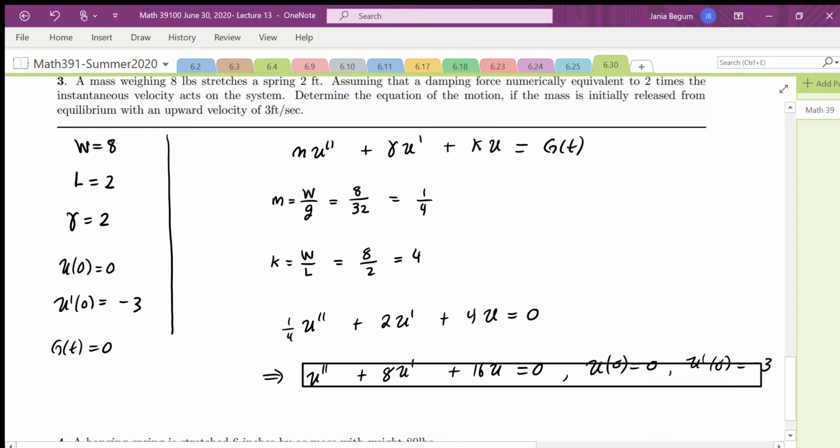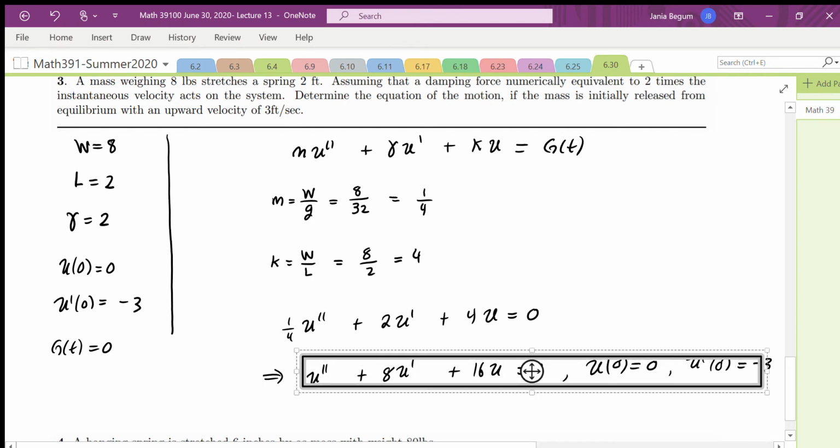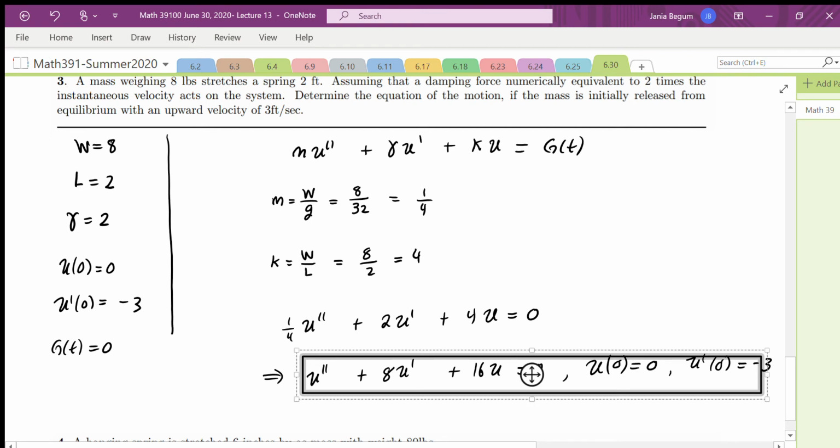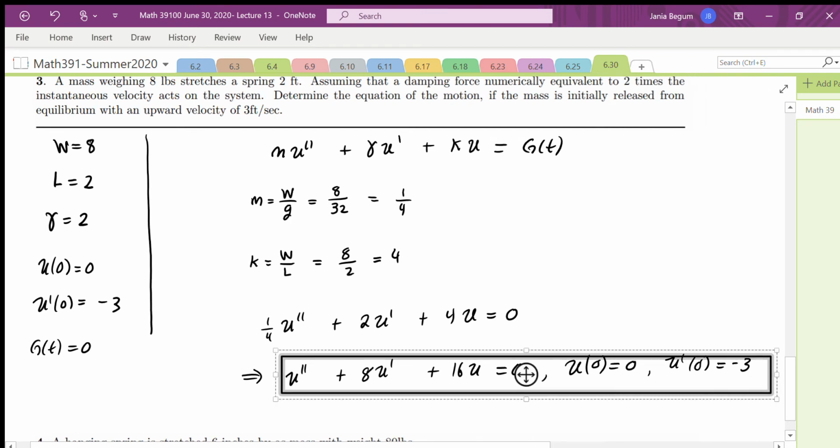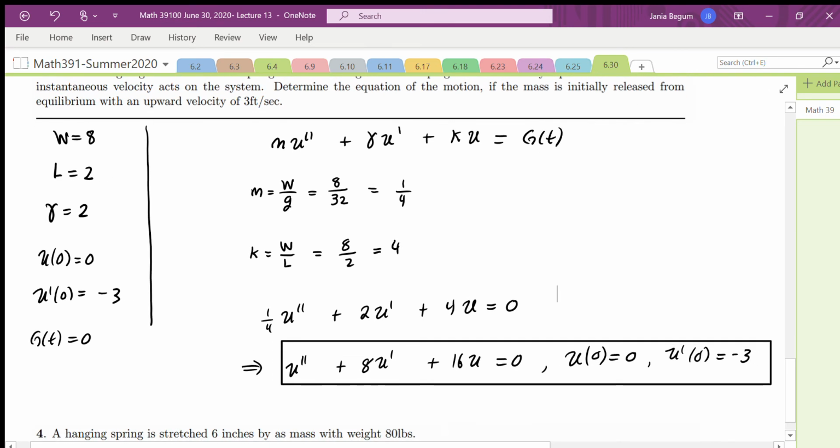From here, how would you solve this? No, I wouldn't use reduction of order. How do we solve second order constant coefficients?